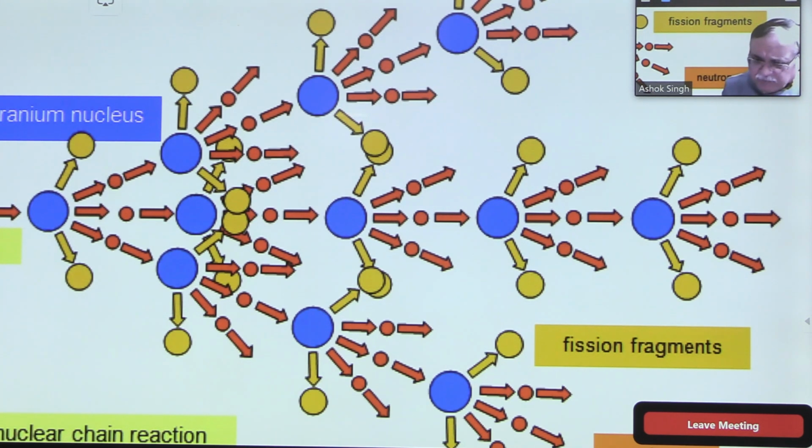Now, in a nuclear bomb, you have exactly the same process taking place, but it is an uncontrolled chain reaction, completely uncontrolled. Whereas in the nuclear energy case, this is a controlled process. You don't want an explosion taking place.